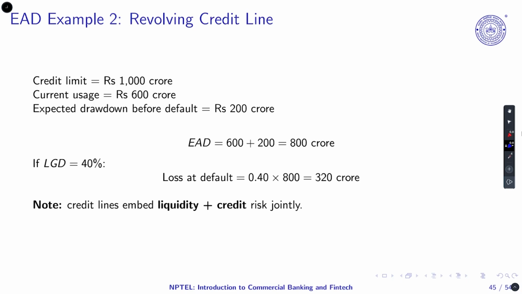You can think about the credit limit: a bank is allowing me to borrow 100 crore rupees, but I am utilizing only 60% of it, right? So my exposure will be only on 60%, not on the full limit. So this is what it implies here, right? So this is how the important parameters look like.